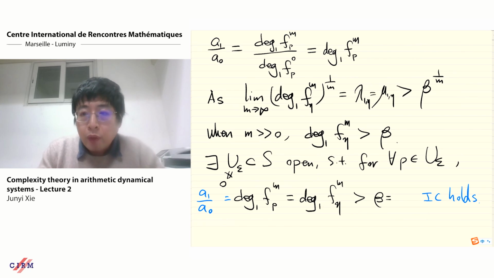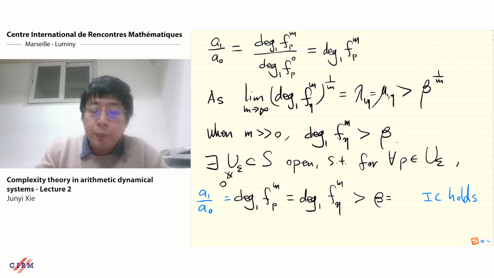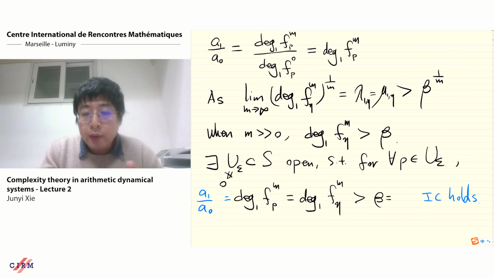And because we know that such degree is constant on some Zariski open subset, we can pick some non-empty Zariski open subset U_epsilon such that for every p in U_epsilon, degree 1 of F_p^m is equal to A1 over A0, and this is strictly larger than beta.